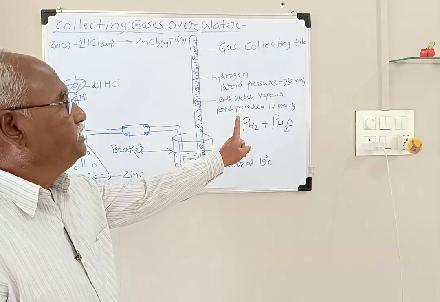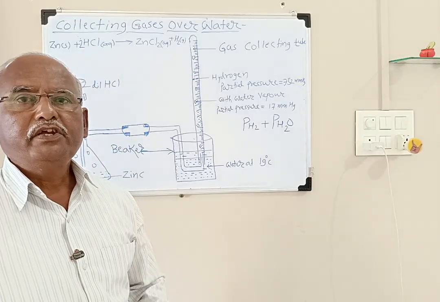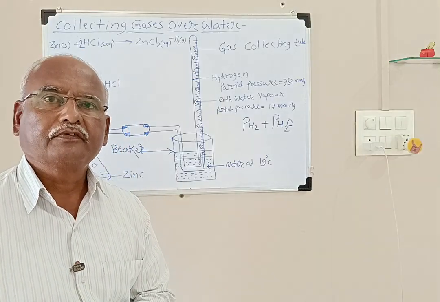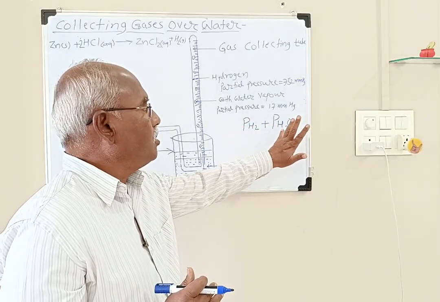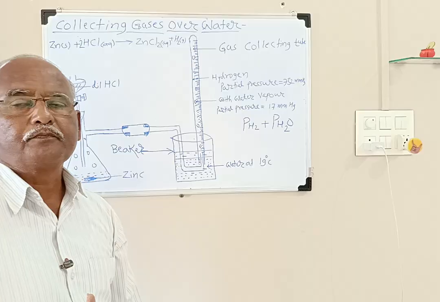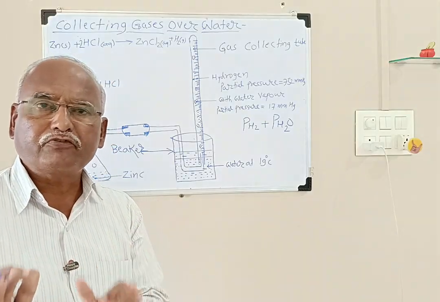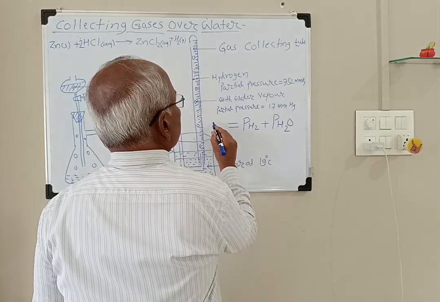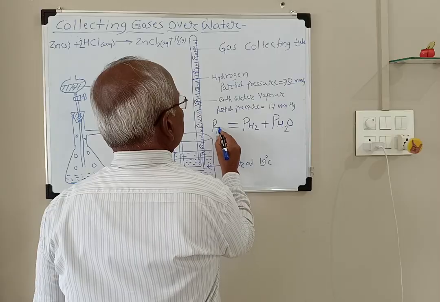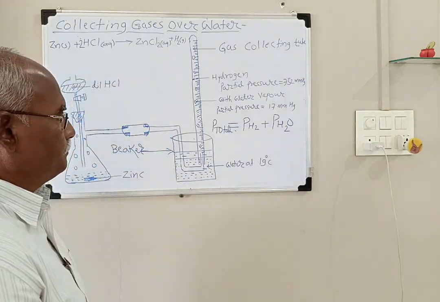According to Dalton's law of partial pressure, in a mixture of gases, the sum of partial pressures of constituent gases is equal to the total pressure of the gas.